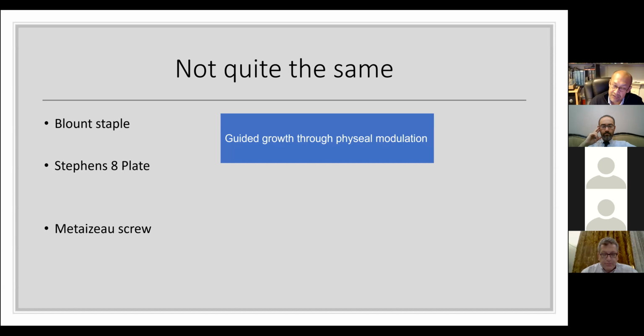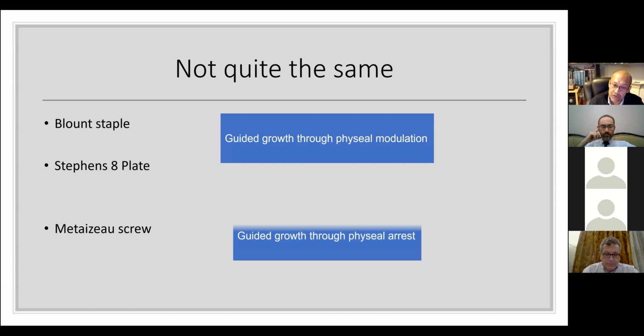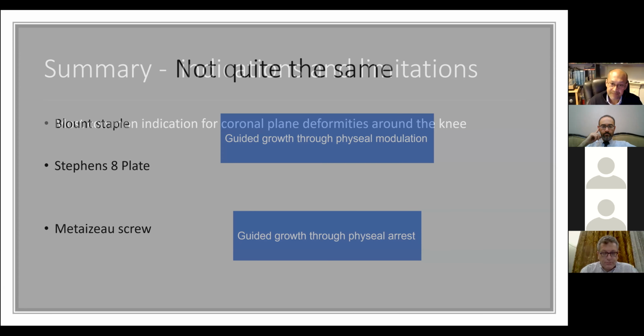The physis in which the device is applied to is still growing, but it's not growing as fast as the other side. Whereas the Metizo screw technique is a method of physeal arrest. It's trying to stop the physis from growing. So the precision of that screw, the position of that screw is critical. If you get it wrong in the 3-dimensional space, you're probably going to get a deformity.